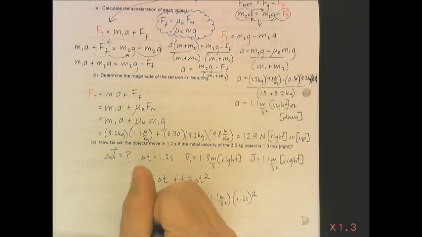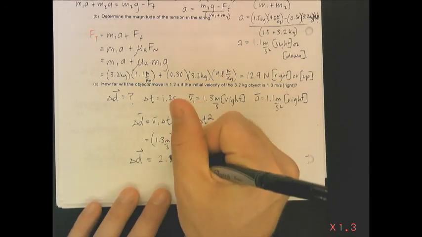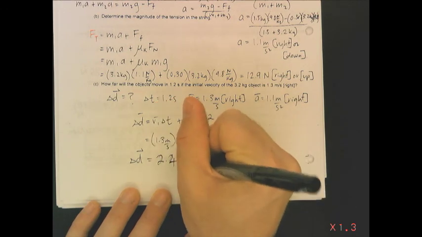Punch this in and tell me what displacement we calculate. If you punch this into your calculator, you should get 2.4 meters to the right.